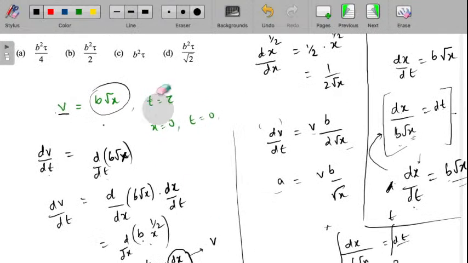I'm sorry, there's a small correction to be done. Integral dx by b root x is b into x power minus 1 by 2. If I use that particular relation, I'm going to have a different answer, which is what we've got to correct.